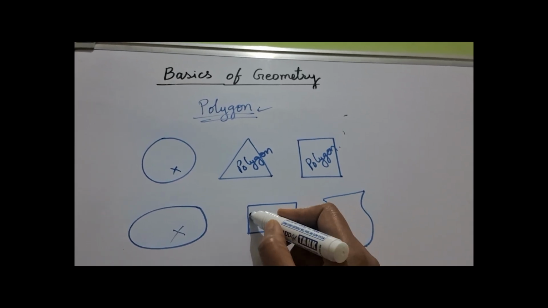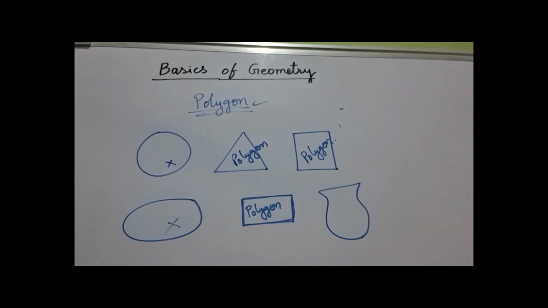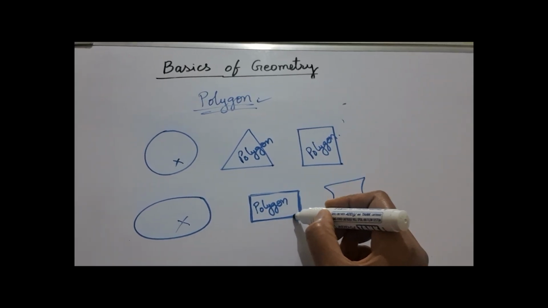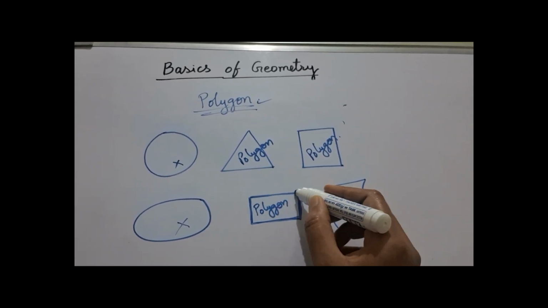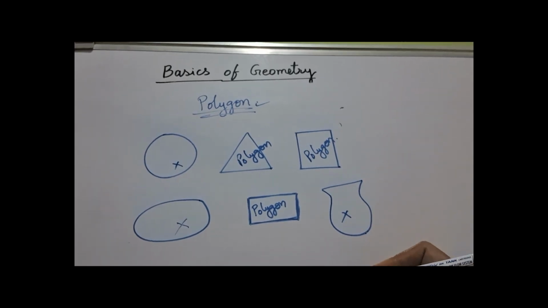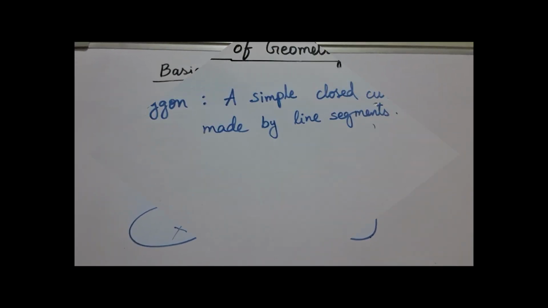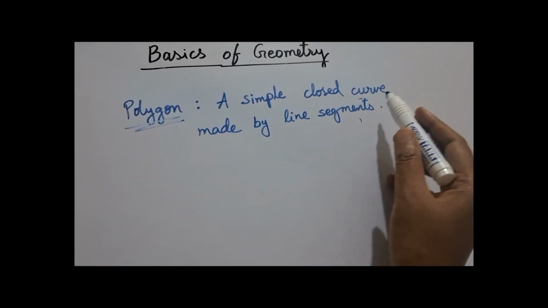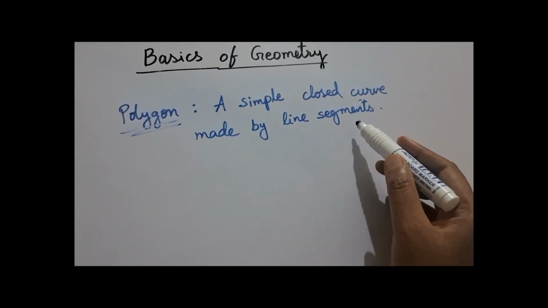This one is a polygon. A simple closed curve which is made up of line segments is a polygon. And this one is not a polygon. Okay, children? So what is a polygon, children? A polygon is a simple closed curve made by line segments.